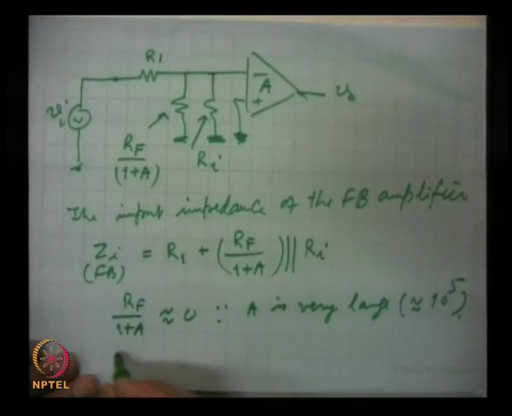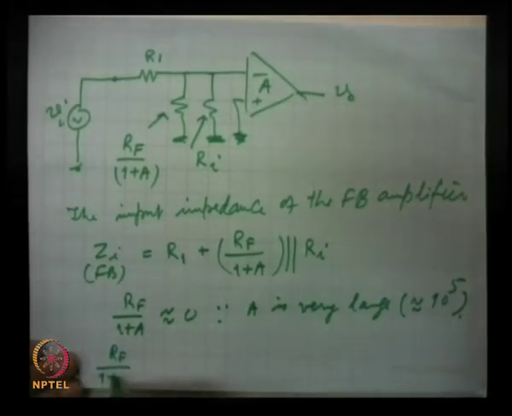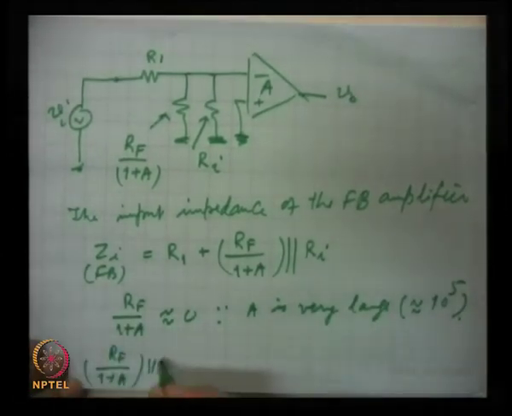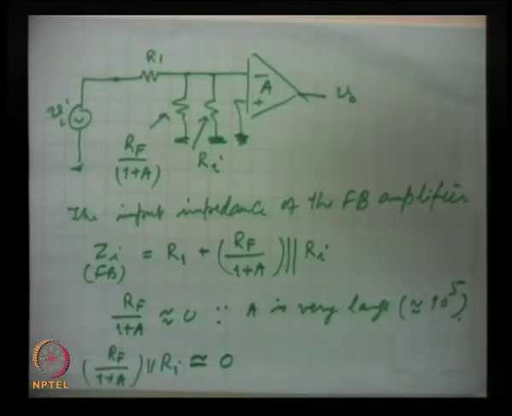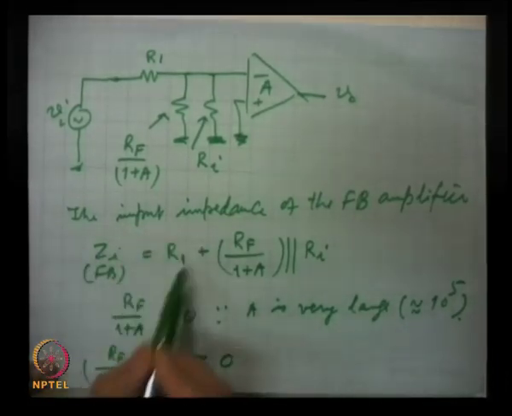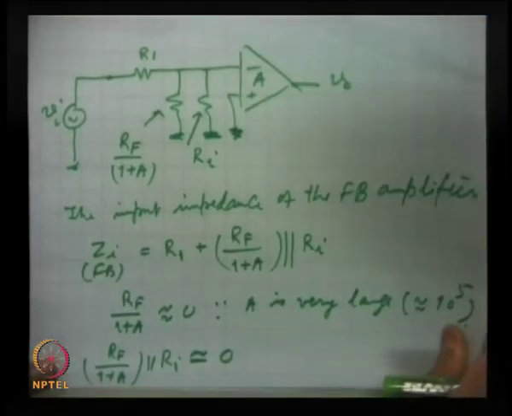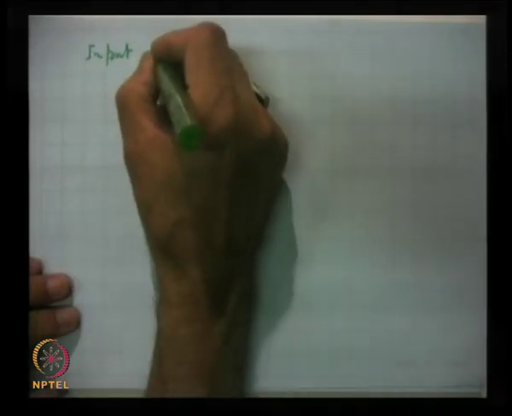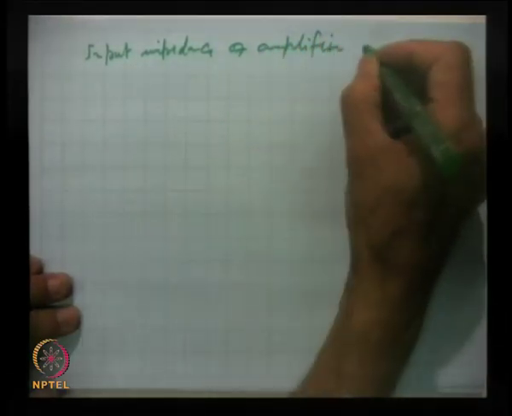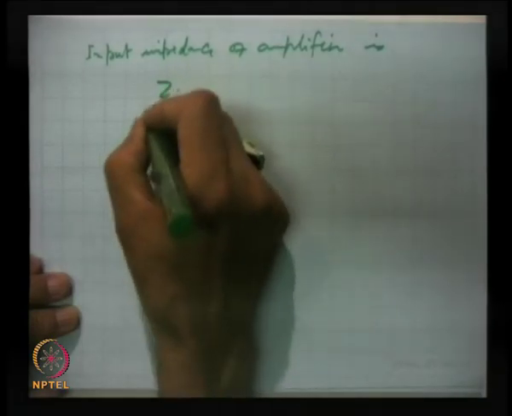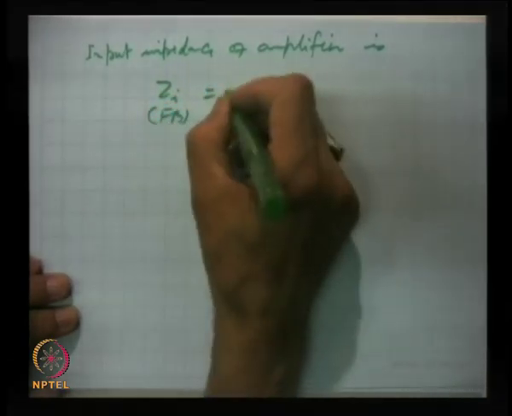So, RF by 1 plus A in parallel with Ri is almost 0. Therefore, the input resistance, or input impedance of the amplifier, is R1.